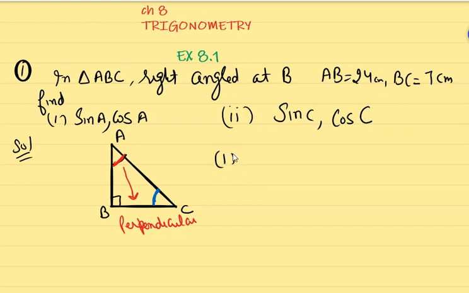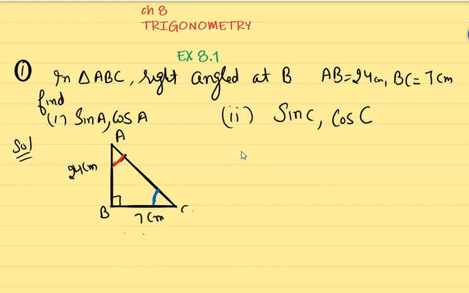So before I start, AB is 24 centimeter, BC is 7 centimeter.